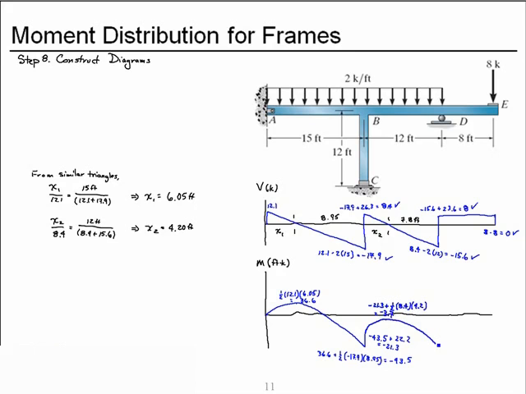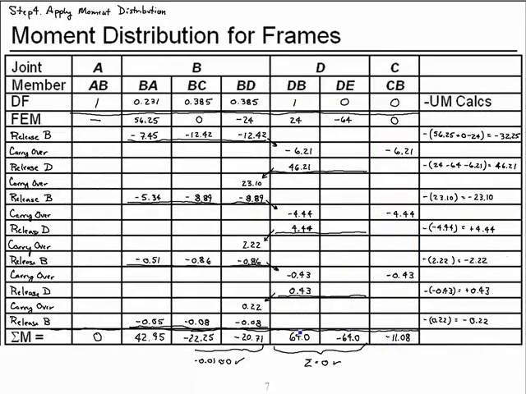Then it becomes increasingly negative, and we had a negative 3.7 foot kips, and we add the integral of this negative area of shear, the 1/2, negative 15.6 times the 7.8 feet, and all of that equals a minus 64.5 foot kips at node D, which again is very close to what we had in moment distribution.